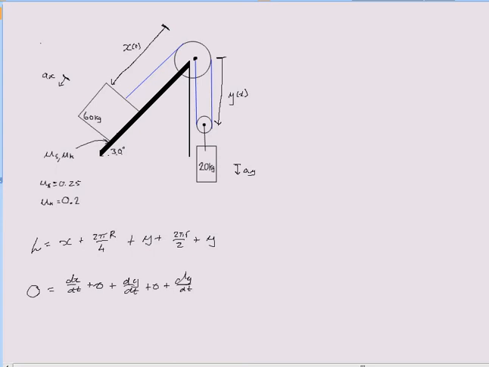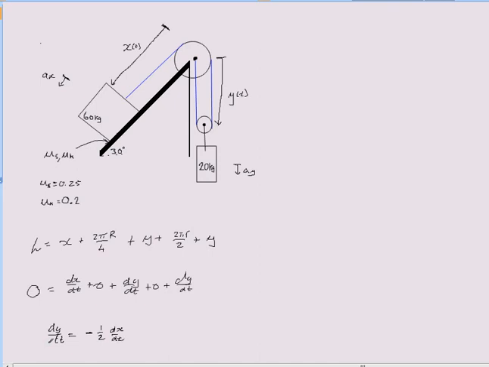Well, we can now simplify this expression a little bit more. I won't bring you through the laborious algebra, but dy/dt is actually just going to be equal to negative a half dx/dt.